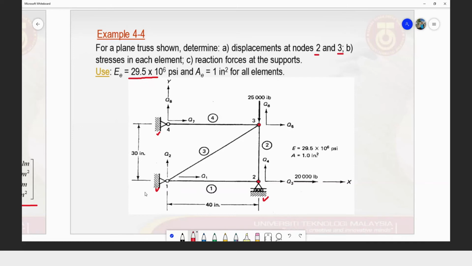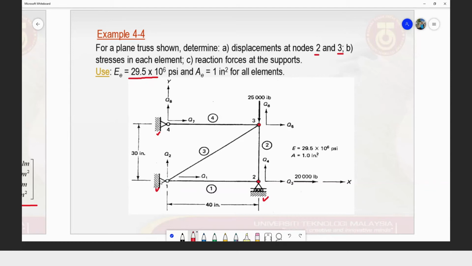What is the type of boundary condition that we have at point number 1? We have a pin fixed, which for plane trusses, we don't care about the rotations at the joint, because we just care about the displacement in the x and y direction.